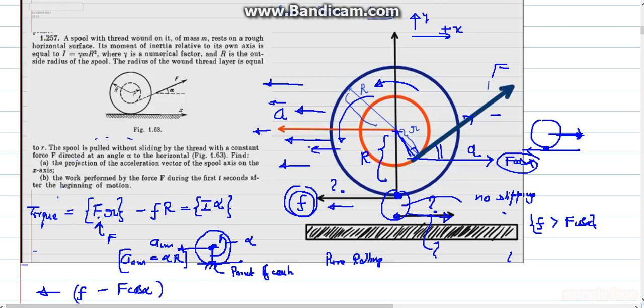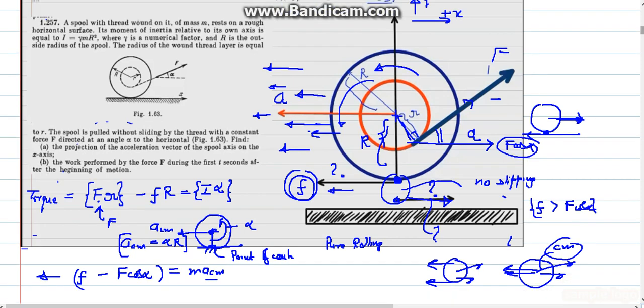Another point to remember is that for translational motion, wherever the force is acting, here or here, we have to take all the forces as if they are acting at the center of mass. Don't get disturbed by their distance from the center of mass. This is material only when torque is taken. So this is the net force, which is equal to mass into acceleration of center of mass.